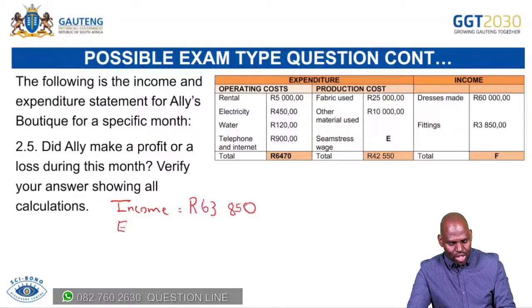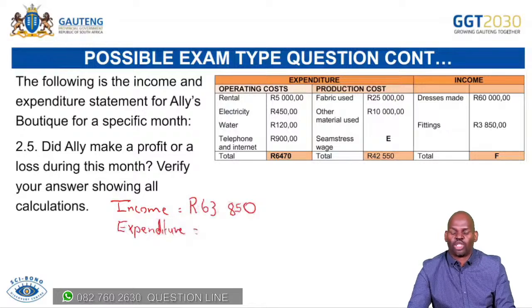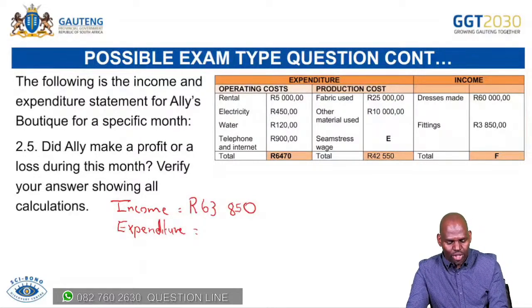Expenditure must now be the total expenditure. It must be operating cost plus production cost. The operating cost is 6,470 plus 42,550. Sorry.